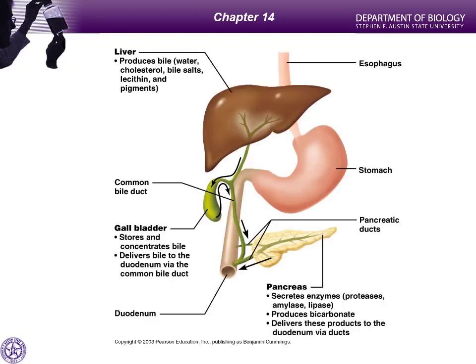So we've removed a lot of our material. We've removed most of the liver, the large intestine, and most of the small intestine. But as we follow our material down the esophagus, what is the sphincter that's going to be right here between the esophagus and the stomach? Do you remember? It's called LES.